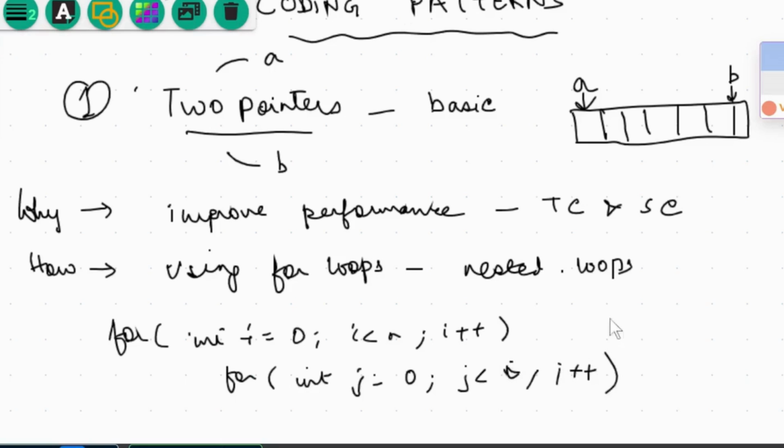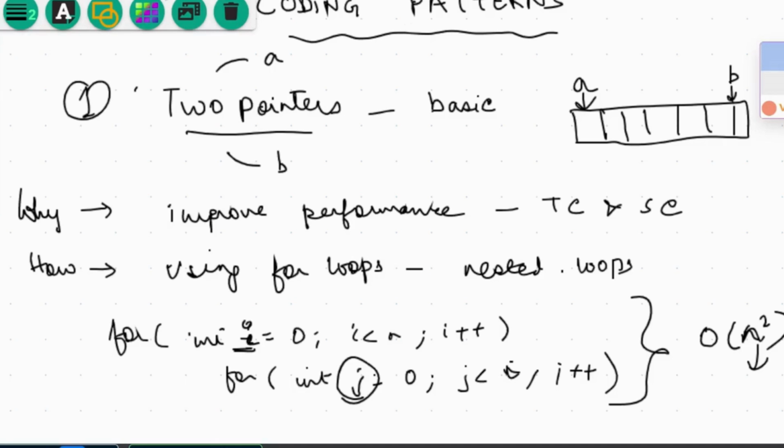So the point I'm trying to make is whenever we have two nested loops, and the inner loop runs on every iteration of the outer loop, this gives us a time complexity of order n square. When I say n square, I mean if the total length of the data structure is n, it has to run n into n times, which is not a very good time complexity, and that is what we get in the case of nested loops.